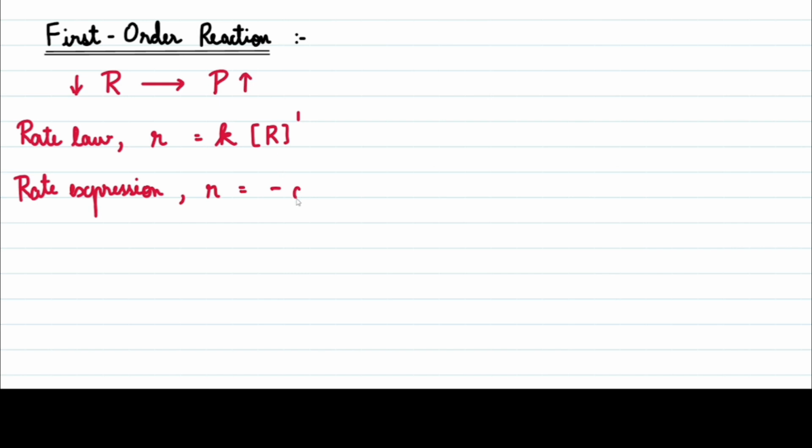So it will be minus d of R by dt with respect to time. Again, we are equating it with the product, so the product will be positive: d of concentration of P by dt. So this will be the rate expression for this reaction.